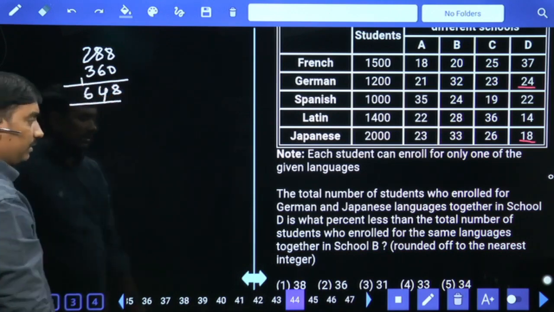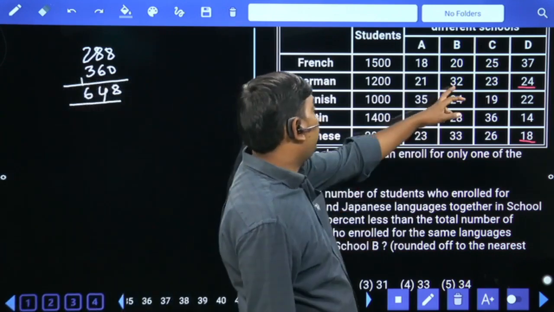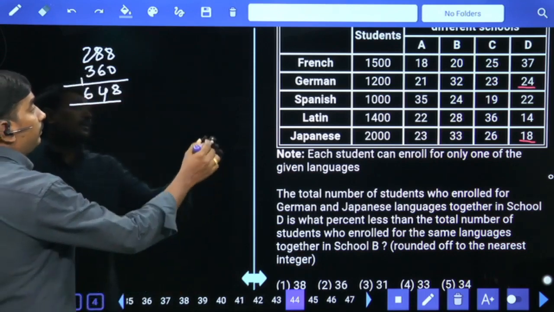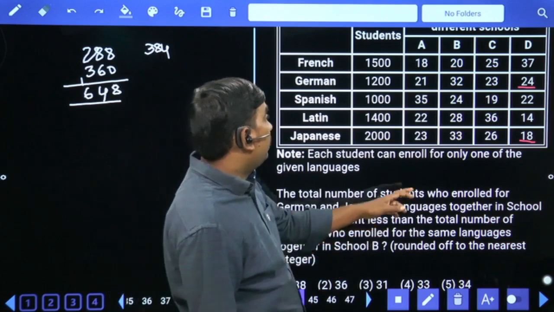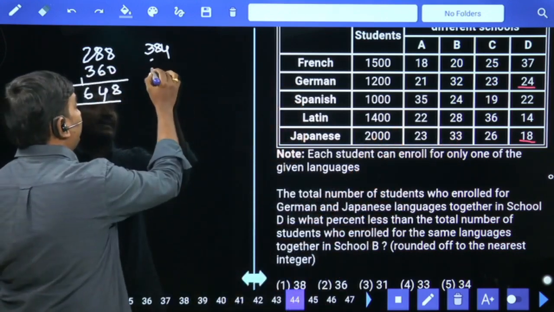Together 648. That is from school D. Then from school B, German 32% of 1200, 384. And Japanese 33% of 2000, 660.